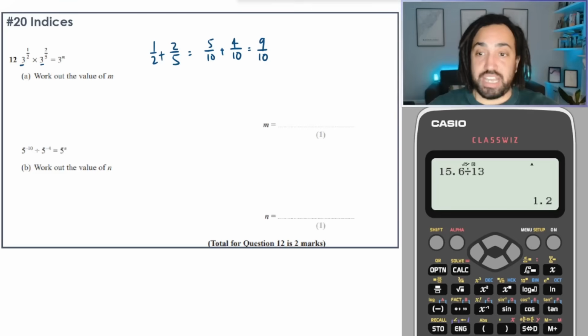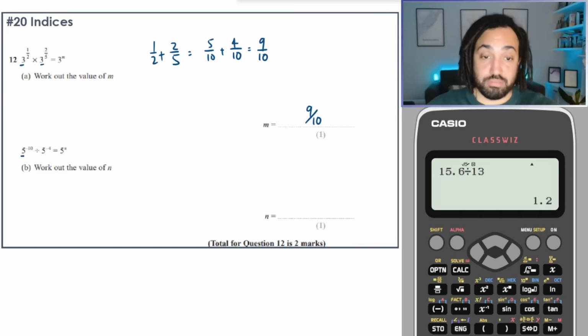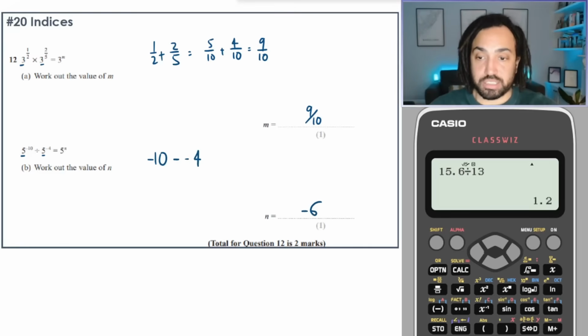So that means that m is 9/10. And when we're dividing powers, then we need to subtract the powers. So we need to do minus 10 minus minus 4, which is minus 6.